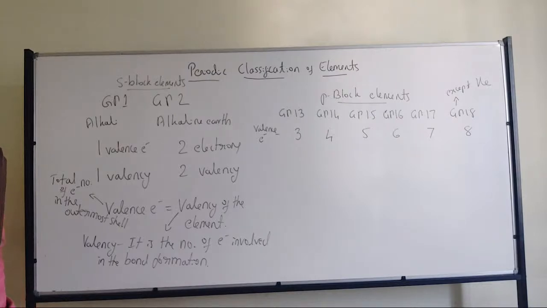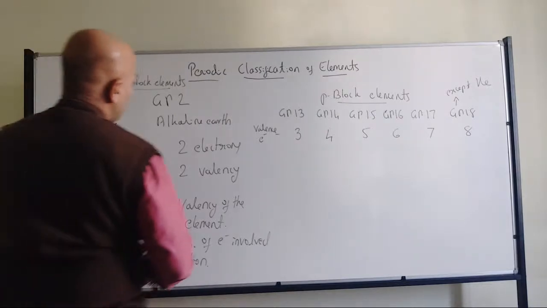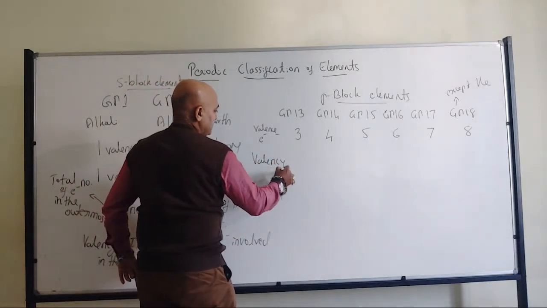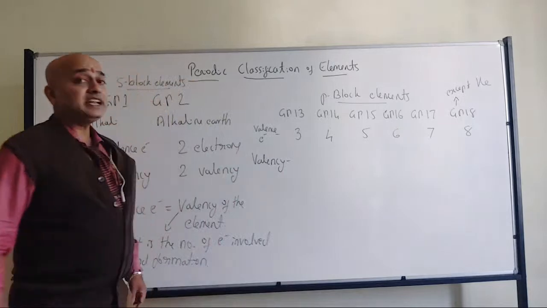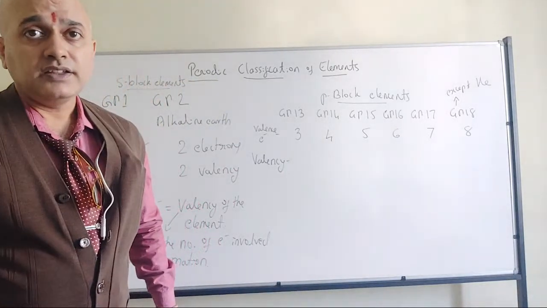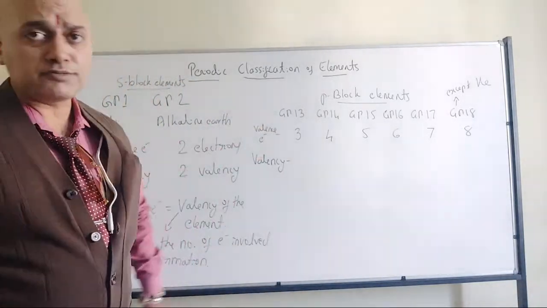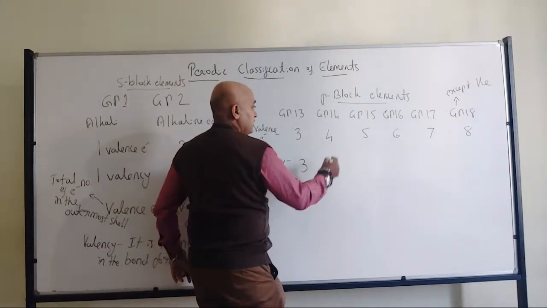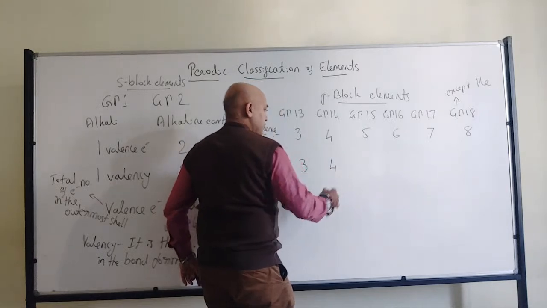Now when it comes to valency, it may vary in some of the groups. When it comes to group 13, once again it will be 3. Group 14, it will be 4.